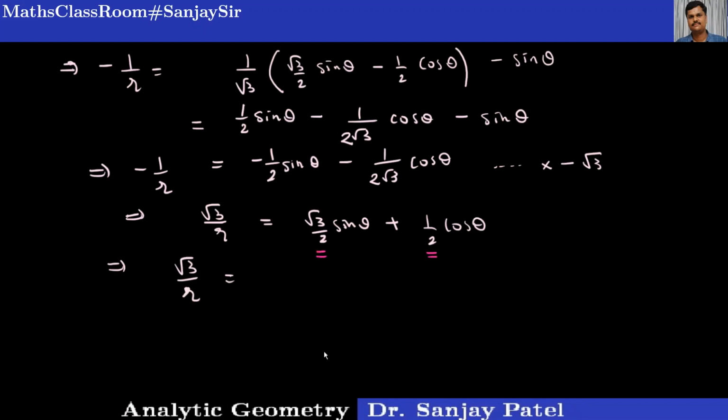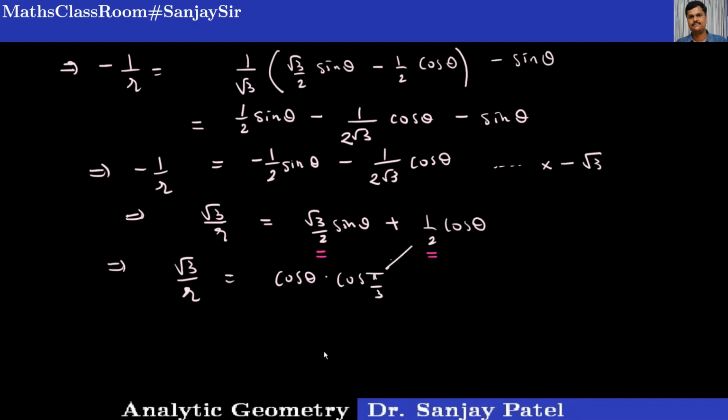I will substitute the values in such a way that I will get a formula for cos alpha minus beta, because I want to convert this equation into our standard equation p is equal to r cos theta minus alpha. So what should I write here? I must write 1 by 2 value in terms of cos for some alpha. Say, you know, cos pi by 3 is 1 by 2. So I will be writing this term first like this: cos theta into this cos 1 by 2, I am writing as cos pi by 3.